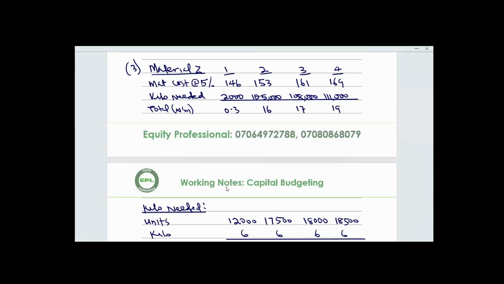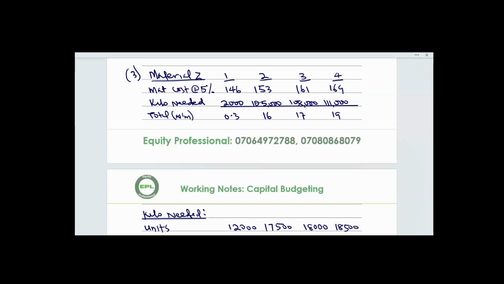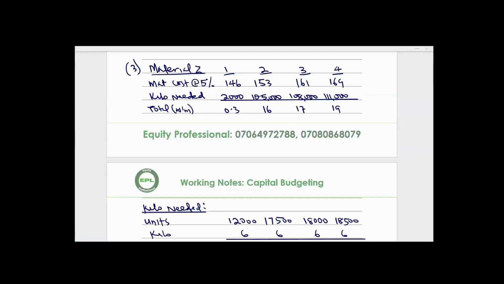All right. So in that same paragraph, you are told that the realizable value of the material is 9.9 million. The 70,000 kilogram of material Z, if the company wants to sell it, they are going to earn 9.9 million naira.